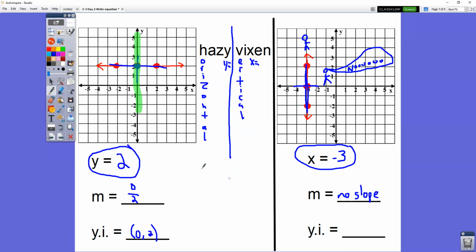The y-intercept: where does this line cross the y-axis? It doesn't, so there is none. So very, very different answers that you're going to have to put here. But if you remember hazy Vixen, just look at where that line crosses the y-axis. Look at where that line crosses the x-axis, and that will help you write your equations.